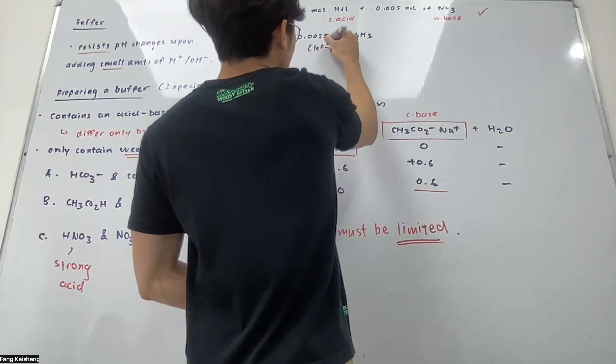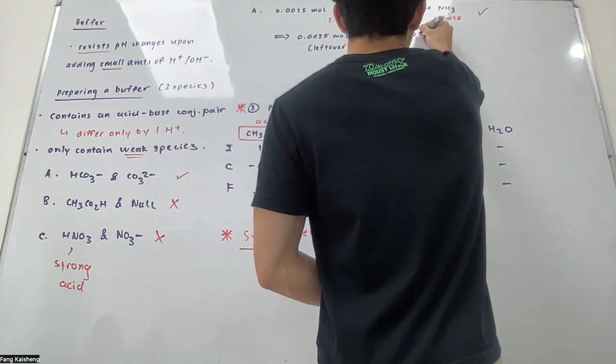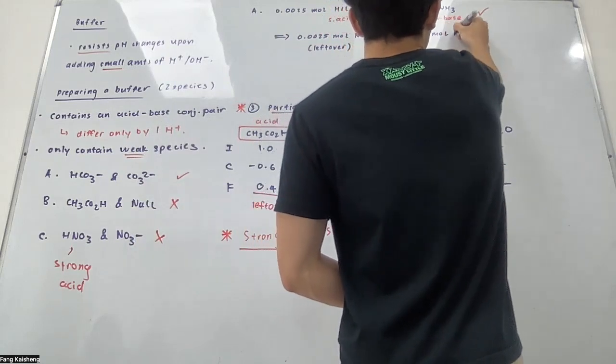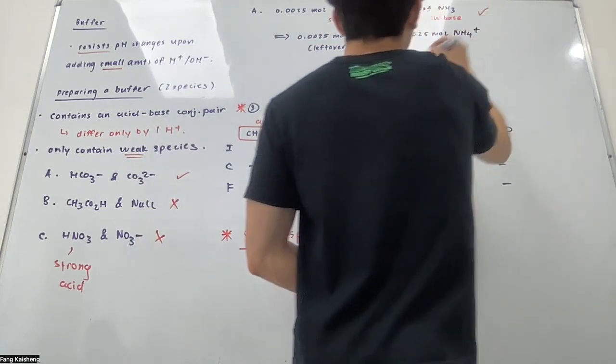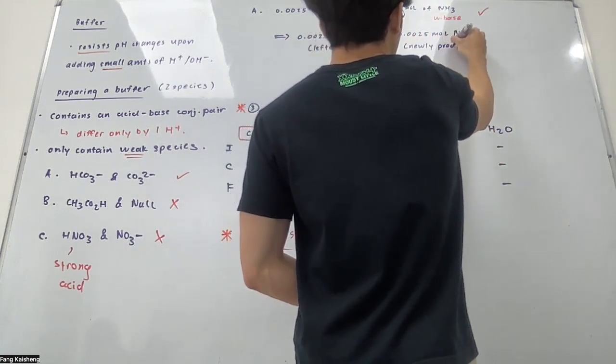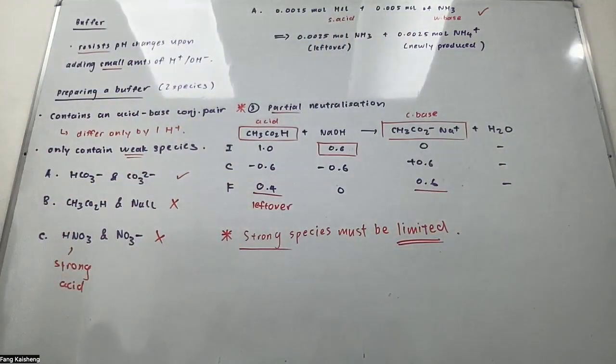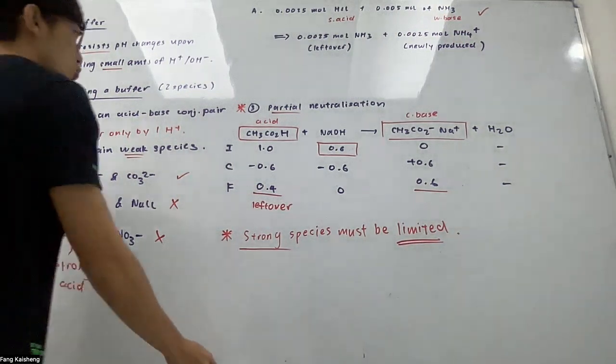This is for the leftovers. And what? Good. You have produced fresh NH4 plus, newly produced. Go and do all this for the other options. So this is all about partial neutralization.